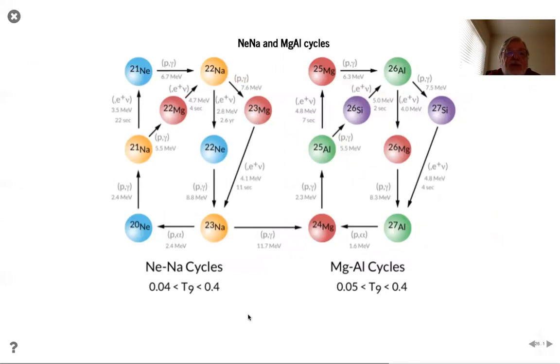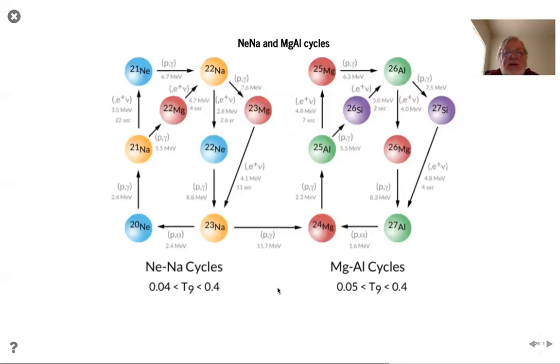Additionally, we should also consider the so-called neon-sodium and magnesium-aluminum cycles, because here we have higher electric charges of nuclei. Therefore, the Coulomb barrier is higher, and we need a higher temperature to penetrate it. So the neon-sodium and magnesium-aluminum cycles don't work in full in main sequence stars.